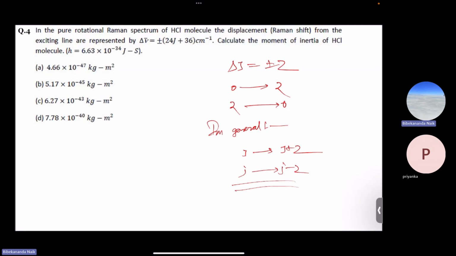Now if you consider the transition from J to J plus 2, we already know there is an expression for it. Suppose the transition occurs from J to J prime. According to rotational spectra, which we have already discussed, E_J is given by J into J plus 1 BHC, where B is the rotational constant.